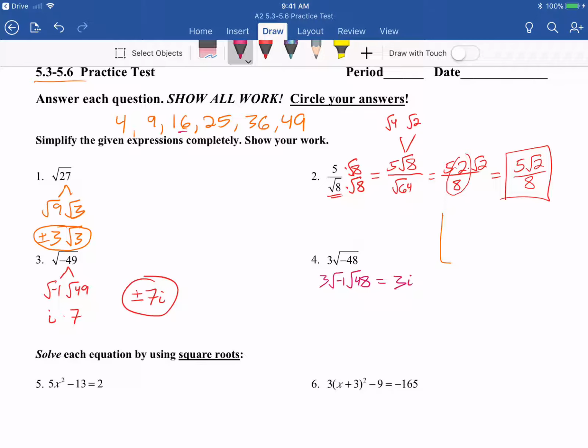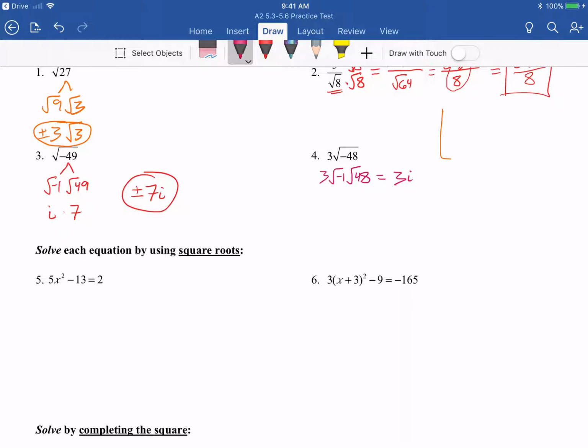I know that 16 goes into 48 3 times, so I'm going to break 48 into the square root of 16 times the square root of 3. The square root of 16 is 4, so I have 3i times 4 square root of 3, and then I can multiply the 3 times the 4 to give me 12i square root 3. Technically a plus or a minus on there as well.